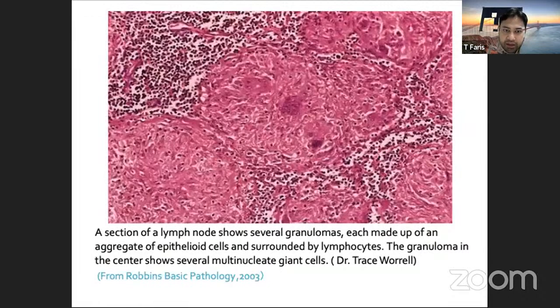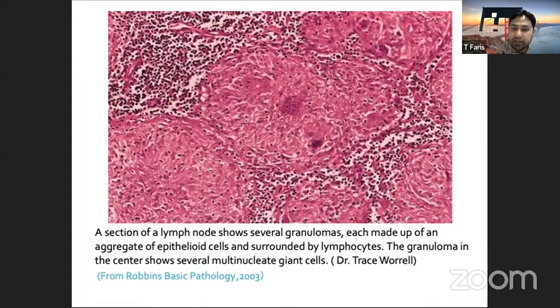This is a section of the lymph node showing several granulomas present, each made up of an aggregate of epithelial cells and surrounded by lymphocytes. The granuloma in the center shows several multinucleate giant cells.